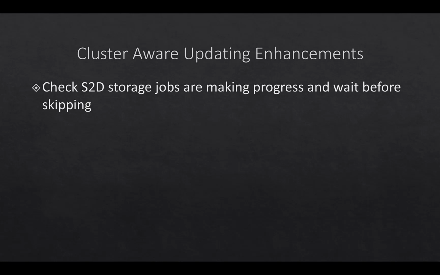If there are any storage jobs going on, we just patch the node and reboot it. If a storage job was in the process of going, then it gets interrupted on the reboot, which is not always a good thing. Now we will detect if storage jobs are running, and then as long as they are making progress, we will wait before we do anything.